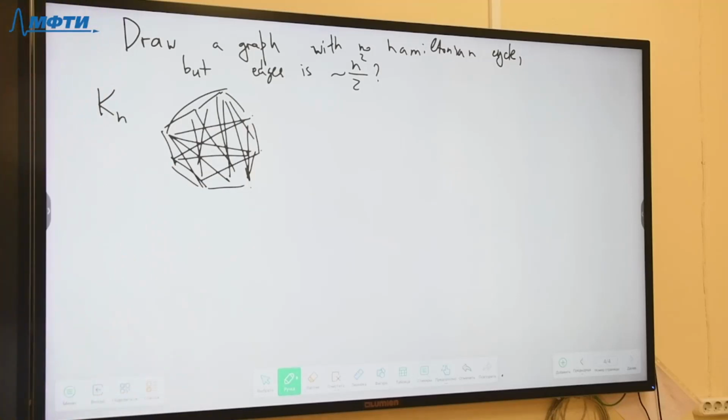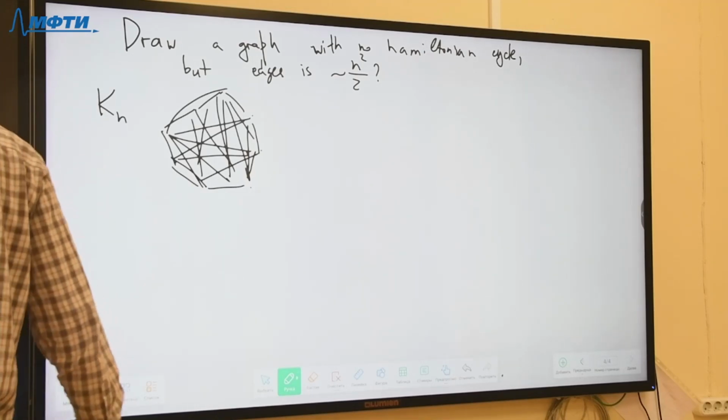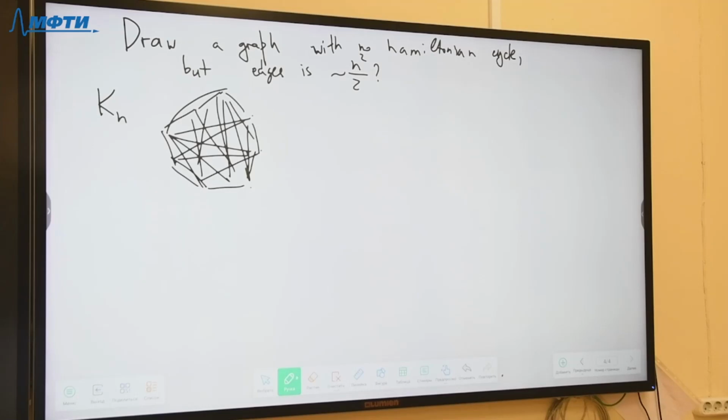So I need to get rid of some edges. What is a simpler example that will have no Hamiltonian cycle? Maybe someone has any ideas on what we can do with this.